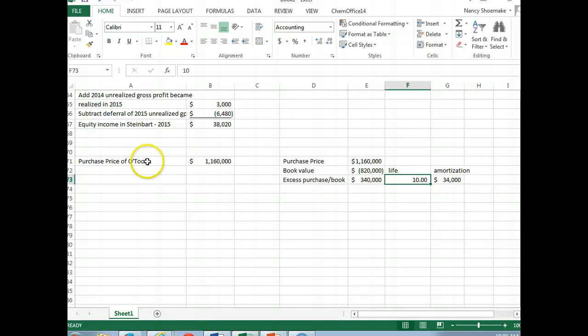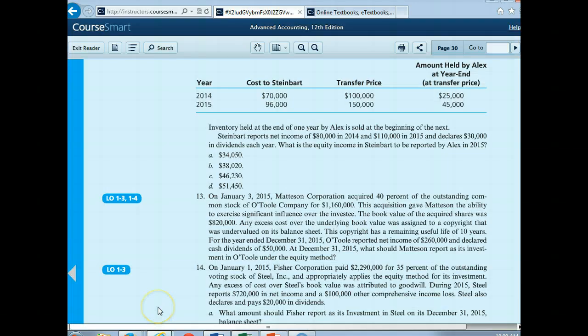So we started this investment with $1,160,000. Now we need to look at our share of the income, which is net income of $260,000 times our 40%.